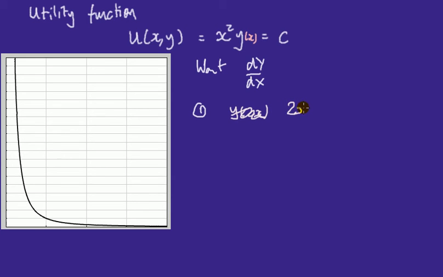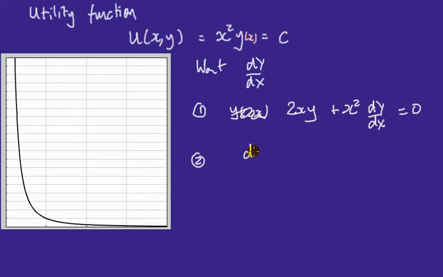Let me rewrite this so it looks clearer. So it's 2xy, that's for the first term, plus, now I write this term involving x, x squared, times the derivative with respect to x. It does depend on x because I put the bracket to remind myself, so I go dy by dx. The derivative of a constant with respect to x is 0.